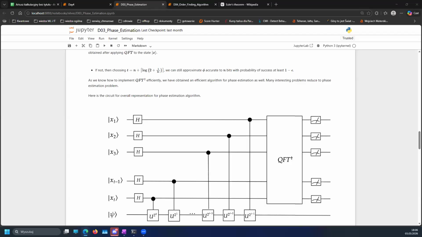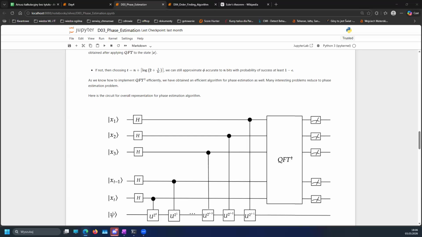So during the last lecture, we discussed quantum Fourier transform and quantum phase estimation algorithm. And as far as I remember, we didn't code much when it comes to quantum phase estimation. So today we will start by doing some coding exercises about QPE.